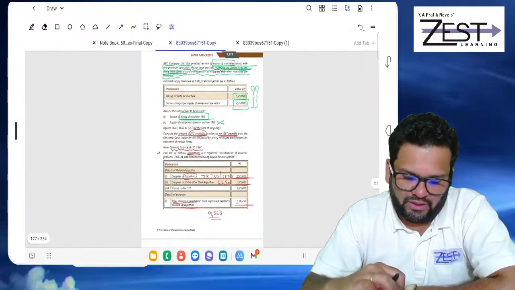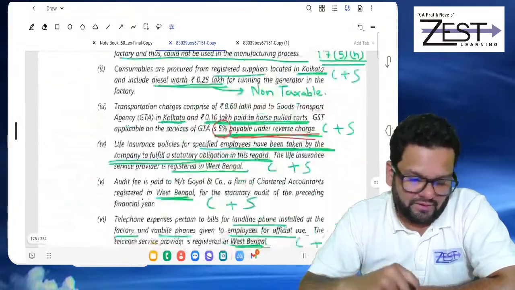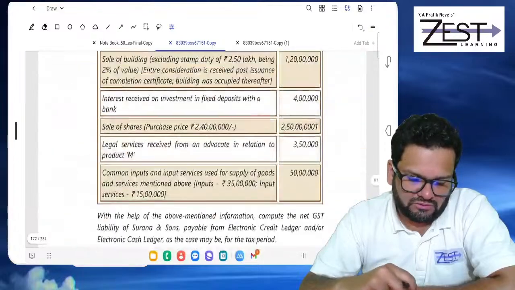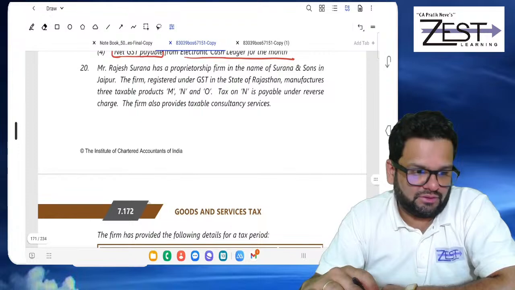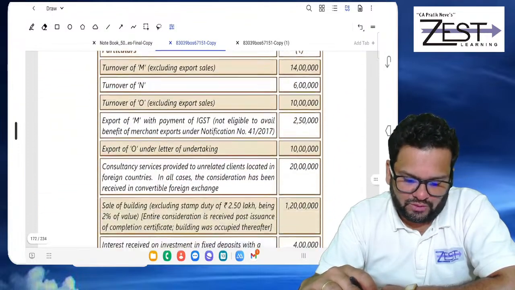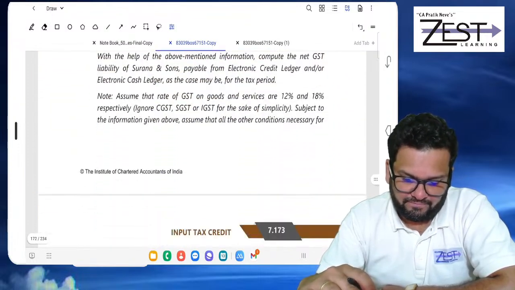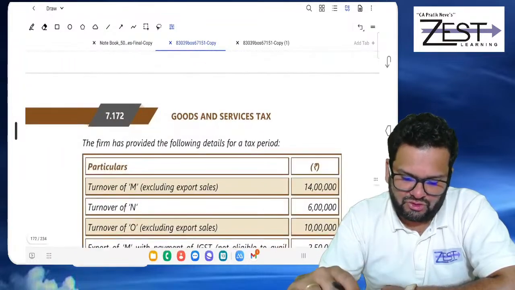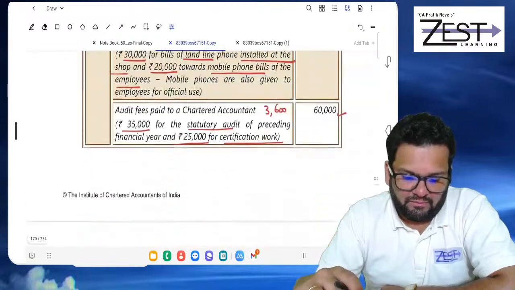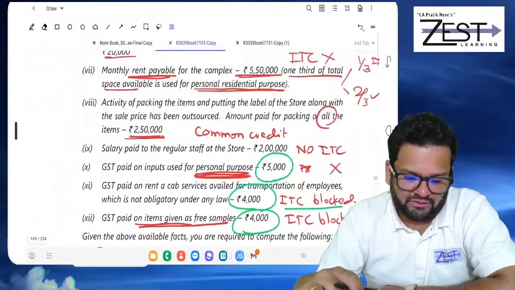Last question for today, 17th. Then I am going to give you one for self-solving and we are going to discuss it in the next session. That is the 20th question. Or do you want to do it now only? As you wish. Okay, first let's do 17th, then go ahead.